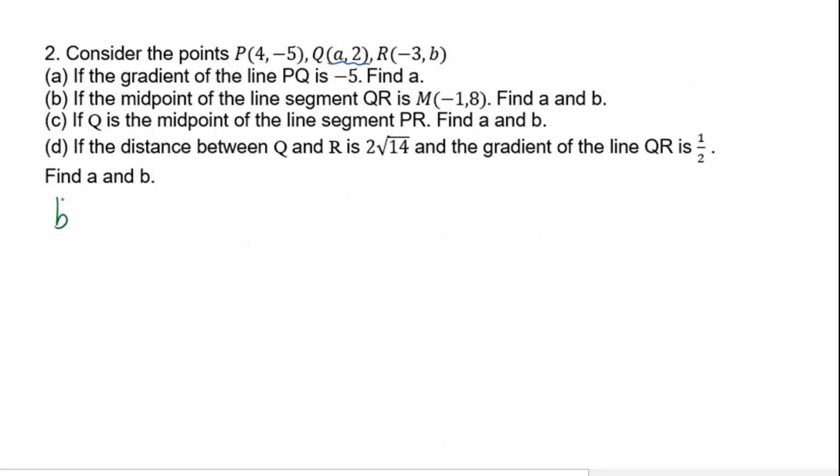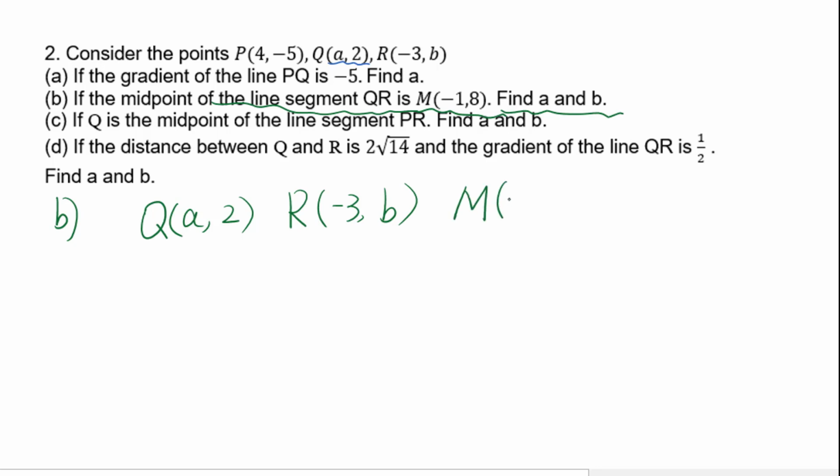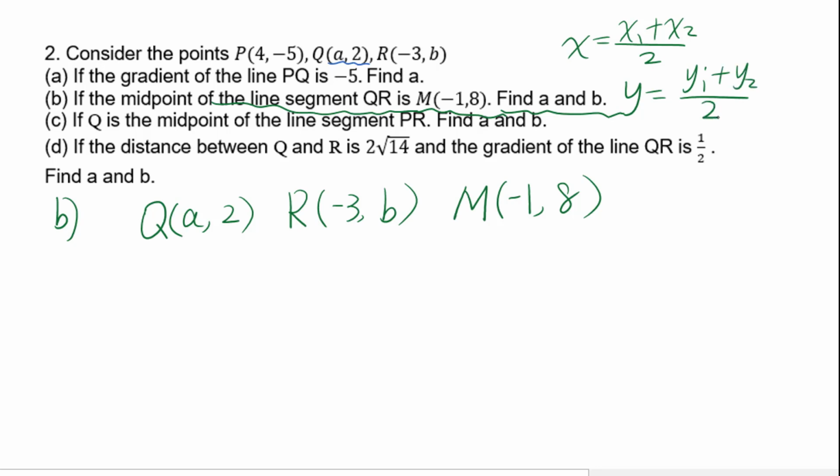Let's go to B. If the midpoint of the line segment QR is M(-1, 8), find a and b. So for Q, you have (a, 2). For R, you have (-3, b). Then you have a midpoint of (-1, 8). We know the formula for midpoint: x equals x1 plus x2 over 2, y equals y1 plus y2 over 2.